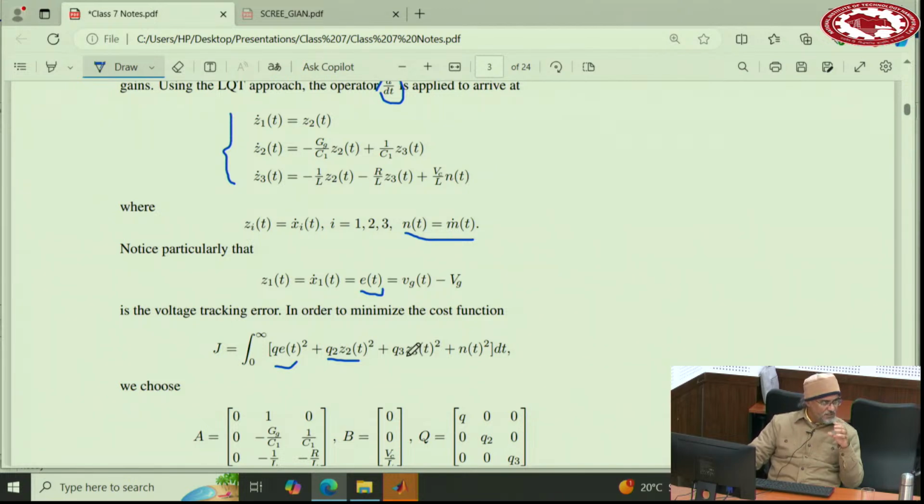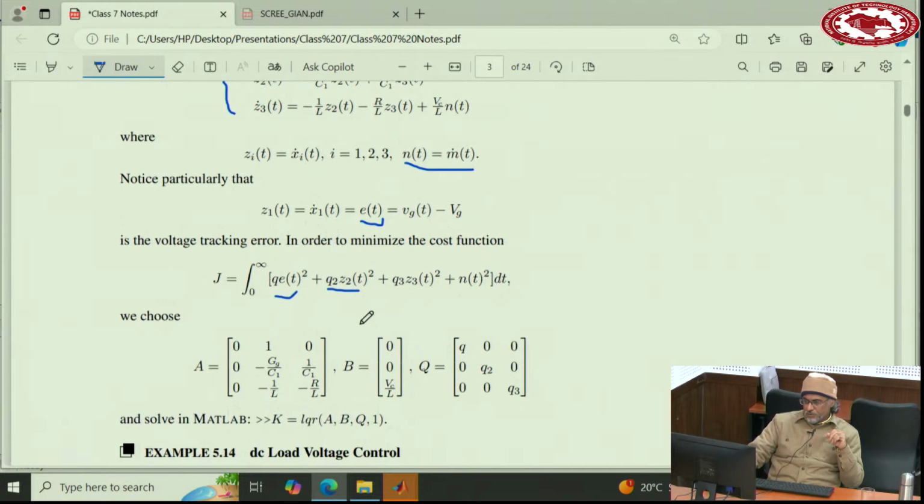So basically what this approach does, to remove the constant values, is apply the derivative, and now minimize the derivative terms, the energy of the derivative terms. Okay, so matrix A is known, matrix B, and matrix Q, and then you can go to MATLAB and apply LQR.